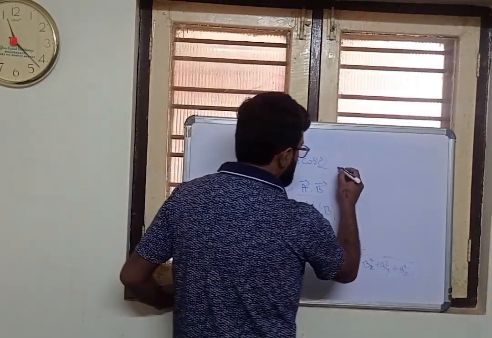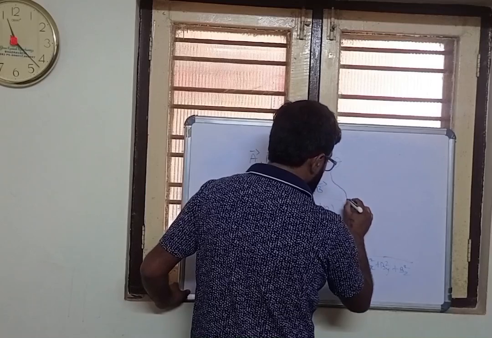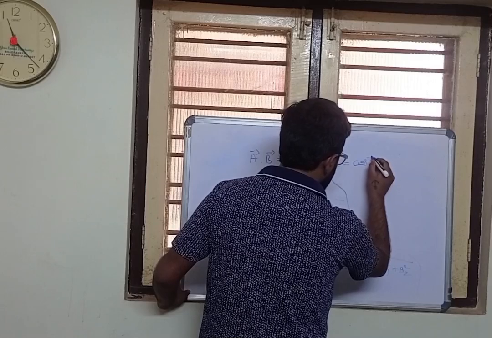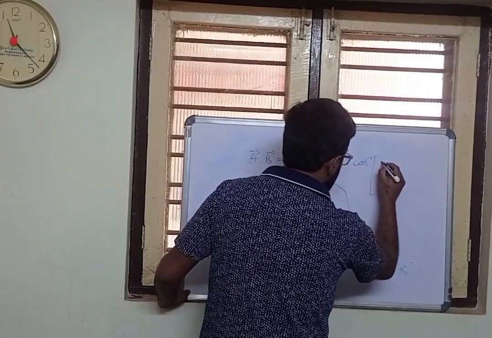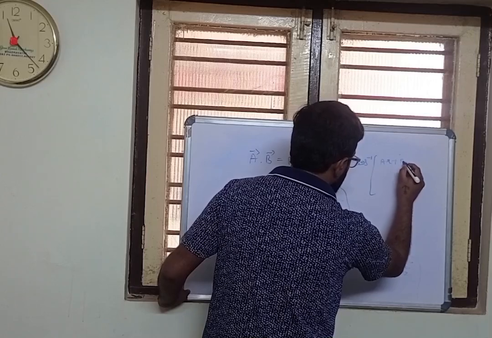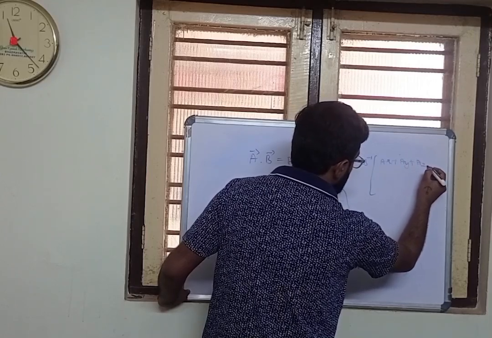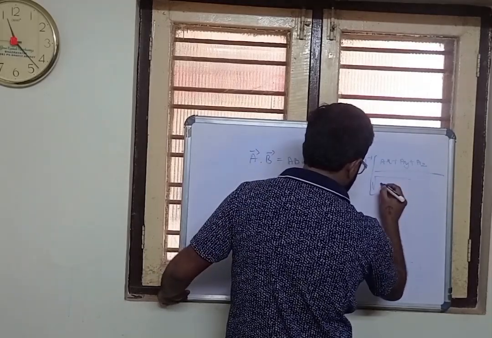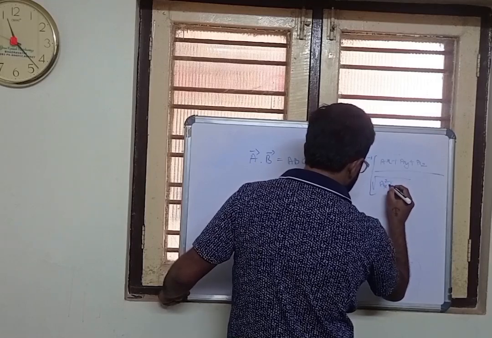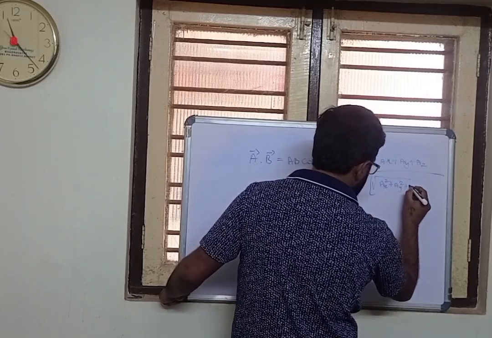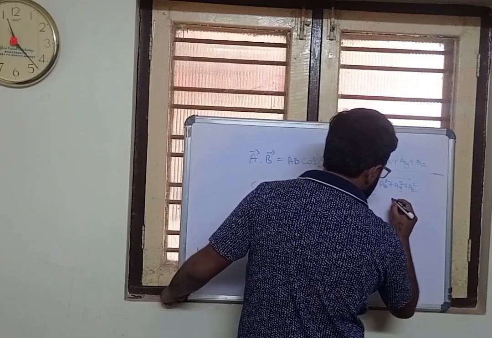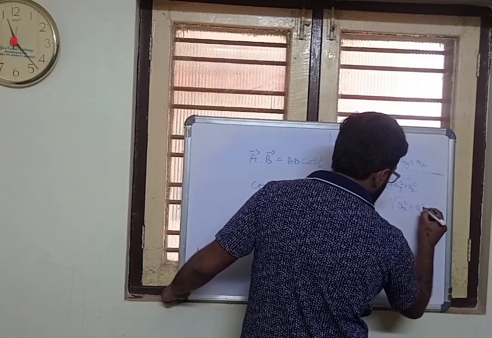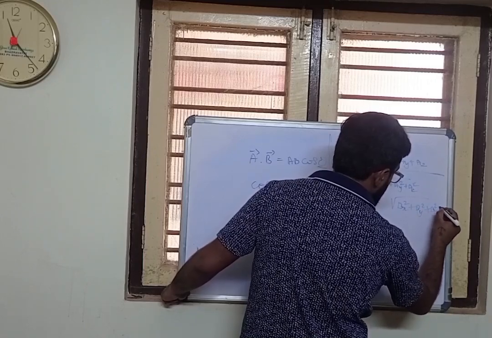So it is given as theta is equal to cos inverse of ax plus ay plus az divided by root of ax square plus ay square plus az square, similarly root of bx square plus by square plus bz square.